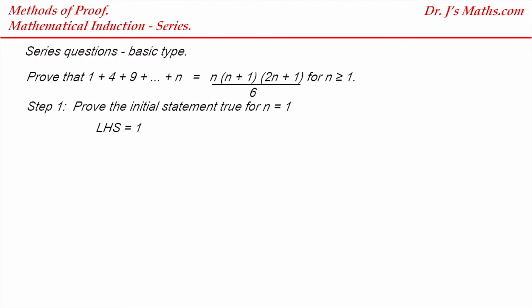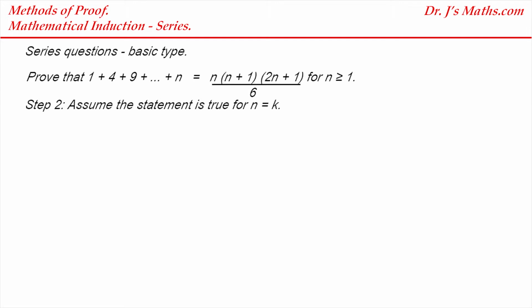Looking at the left-hand side, our last term is n squared, so we just substitute 1 into that, so the left-hand side is equal to 1. For the right-hand side, we substitute 1, which gives us 1 times 2 times 3 all over 6 equals 1, so therefore it's true for n equals 1, and we write that.